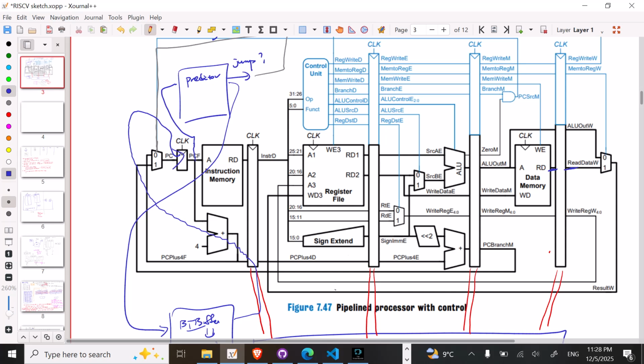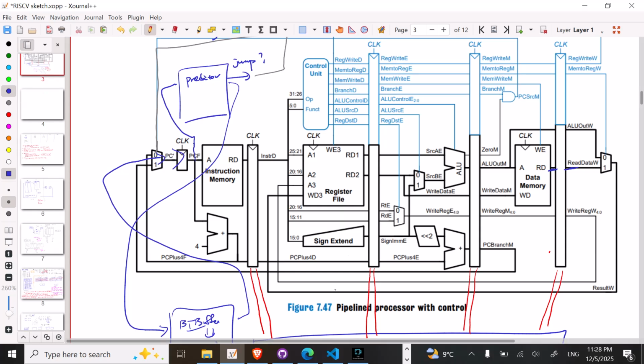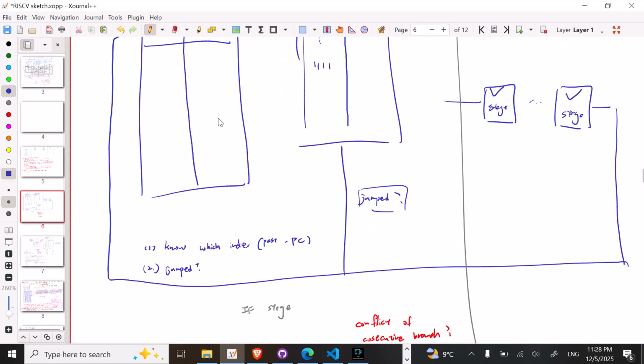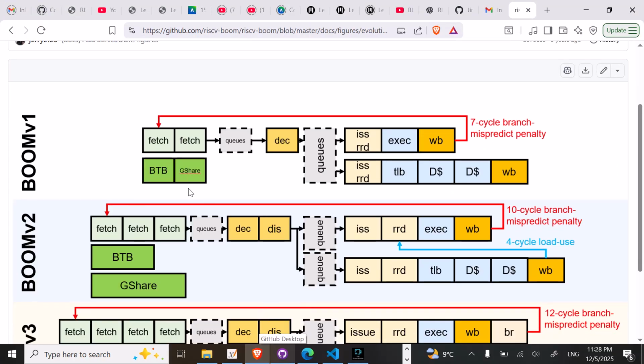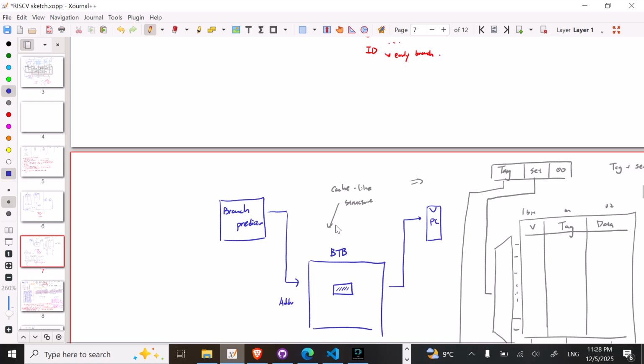How nice is that? If I have a cache that stores all the branch addresses, isn't that kind of nice? So if you look back here where you have the gshare, gshare tells you, okay, I'm going to jump, and the BTB tells you, you're going to jump, what's your address? I'll provide it for you. That's pretty much the idea.